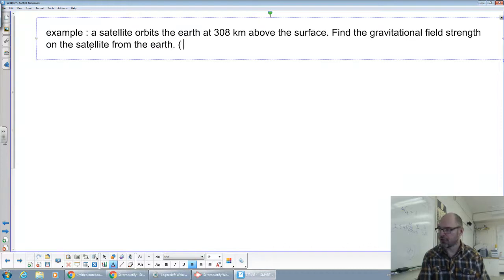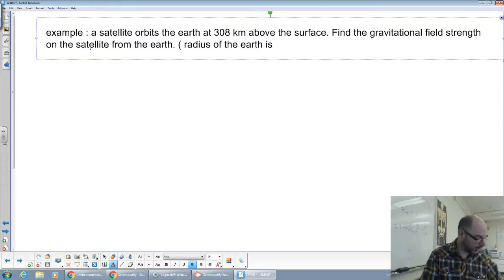And we'll say that the radius of the Earth is, let me look it up here. The radius of the Earth is 6.38 times 10 to the 6 meters.